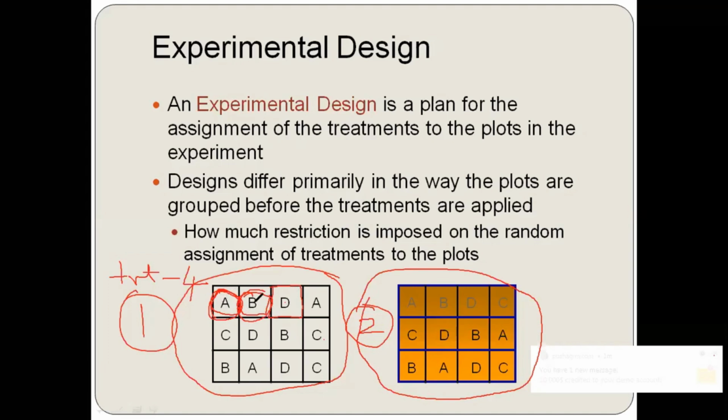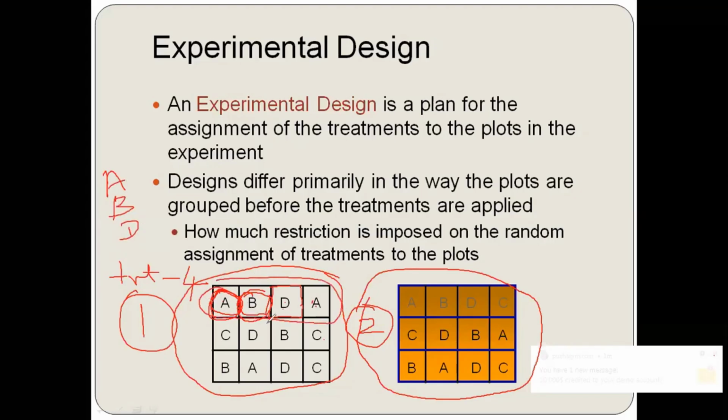So here A, B, D, A. But it doesn't matter. Here we have allocated these treatments. Fine. So we have A, B, D from the first row, that is what we found.